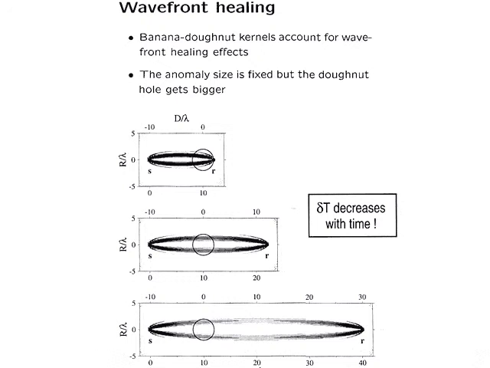The blob doesn't fit in the hole at all, so you'll get a big travel time. But if you have the receiver here after the wave has gotten this far, now the blob fits in the hole a little better because the hole is getting bigger. And if your receiver is way down here, now the blob fits in the hole really, really well. So it's the existence of the donut hole that accounts for wavefront healing.